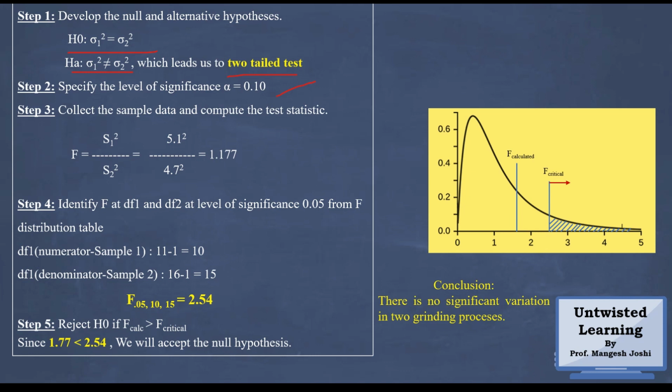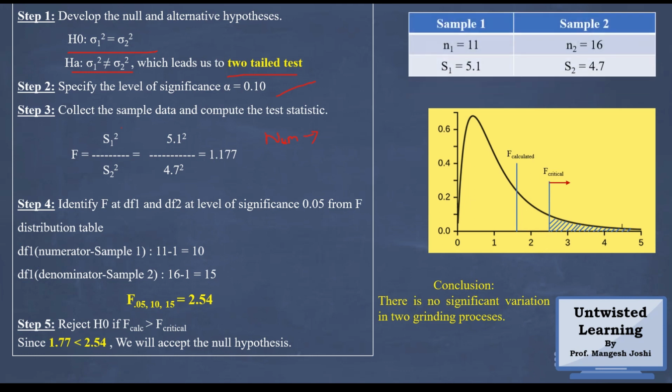Now calculate the F statistic. There is a catch point: you have to decide what is to be kept in the numerator and what is to be kept in the denominator. As per the given data, you have one value as 5.1 and the other value as 4.7.